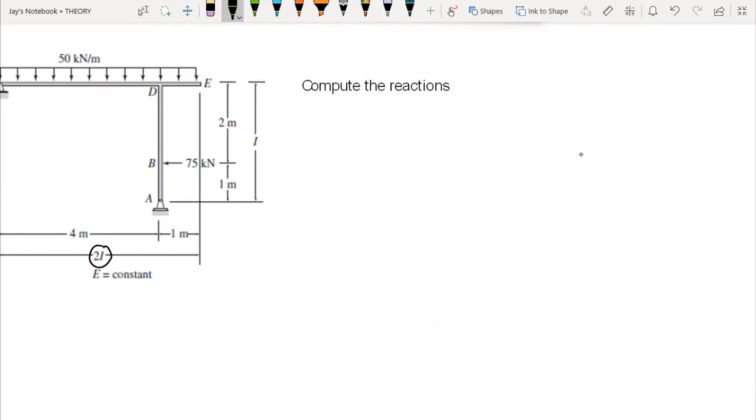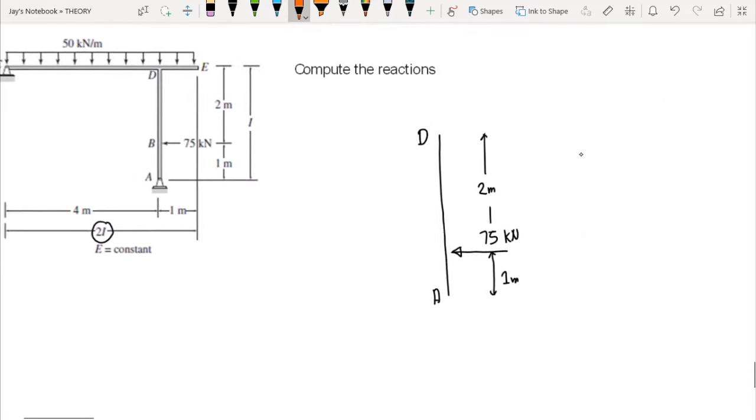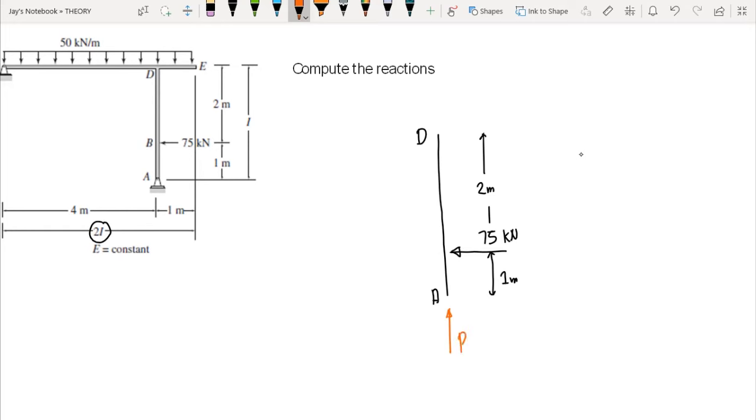And now let's proceed to the column. We have DA, and we have the 75 kilonewton concentrated load, which acts 1 meter from A and 2 meters from D. At A, since this is a hinge, we have two values, RAY and RAX.